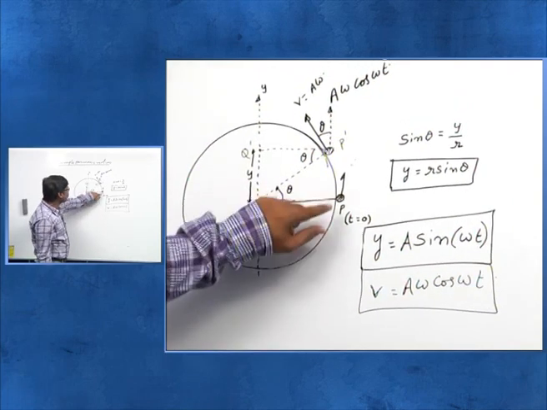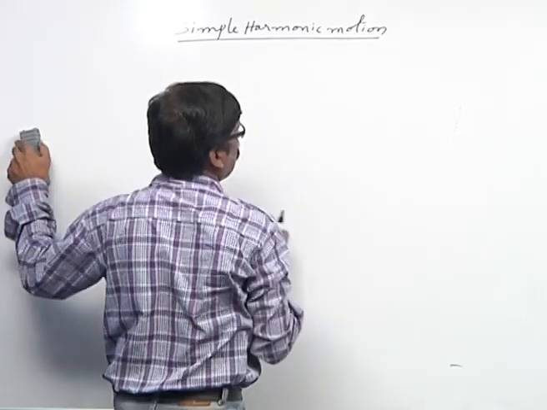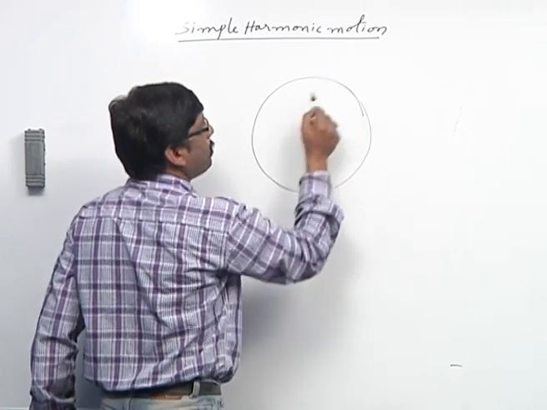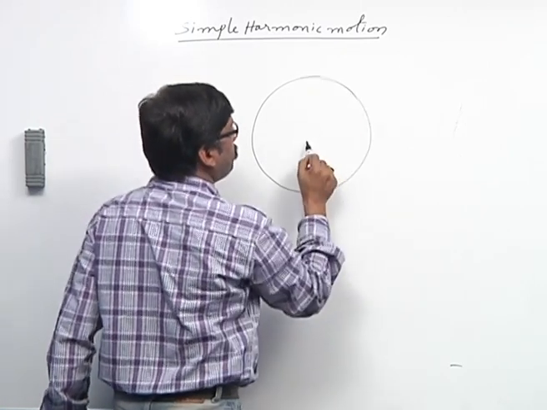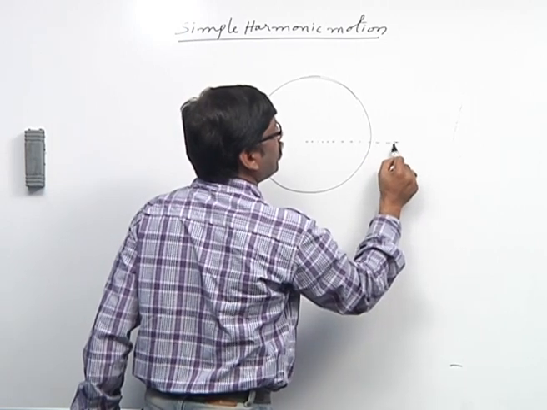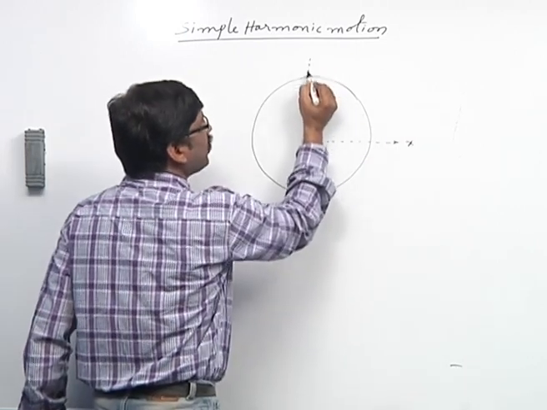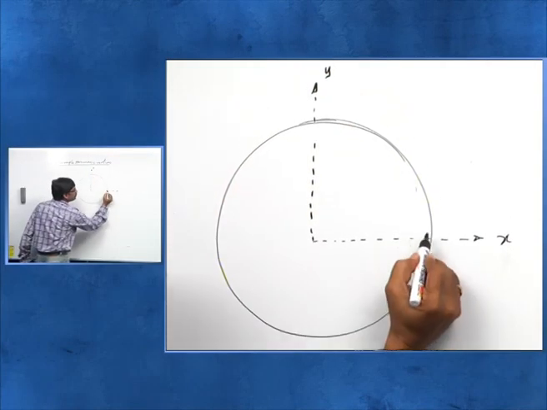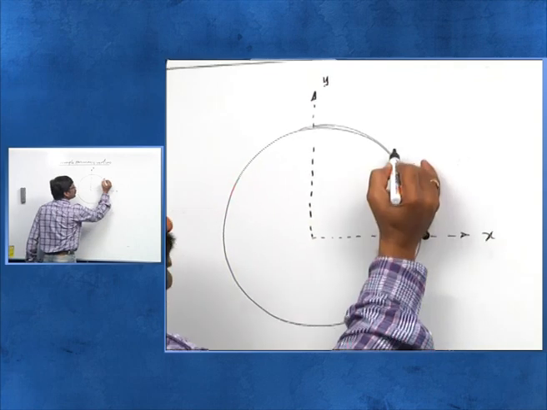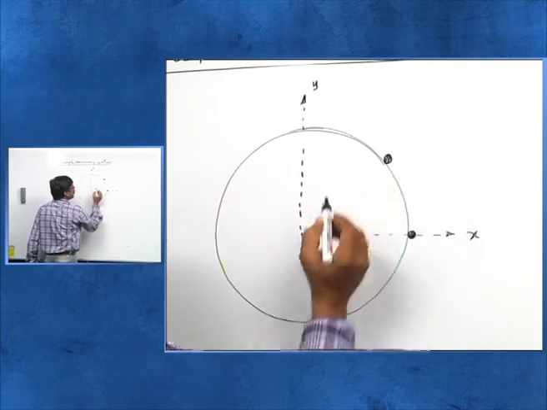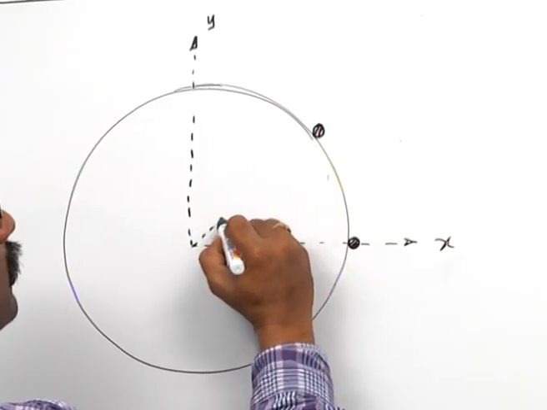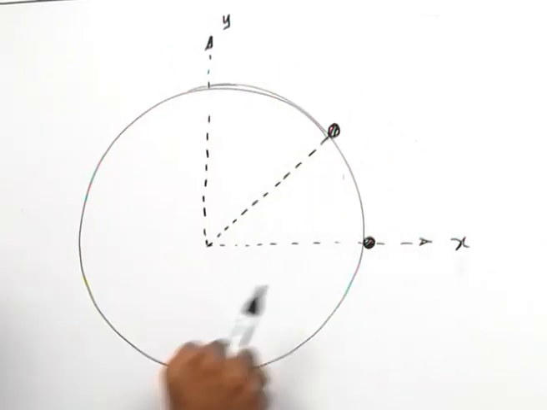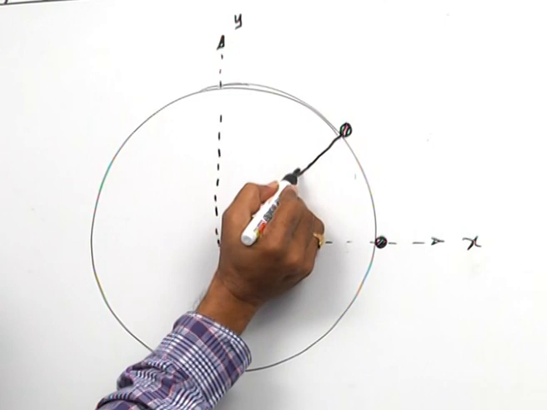Let us find out the acceleration of both P and Q. Let us say the particle is moving in the xy plane. The particle P, its projection moves along the y-axis. We know that the acceleration of a particle in a circular path is towards the center.